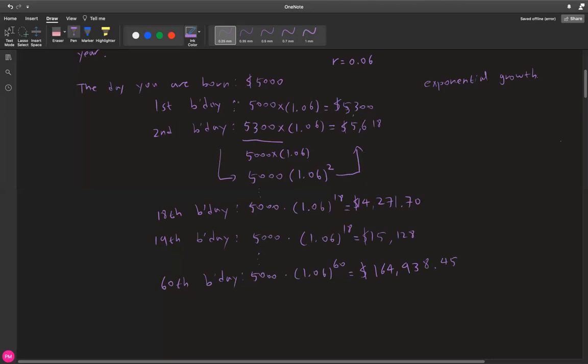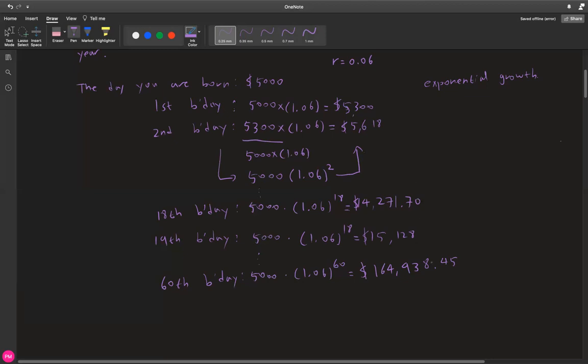So that $5,000 in on the day you're born, if you didn't touch it from this account all the way until when you're 60 years old, this money already grew to $164,938. So that's a significant increase.